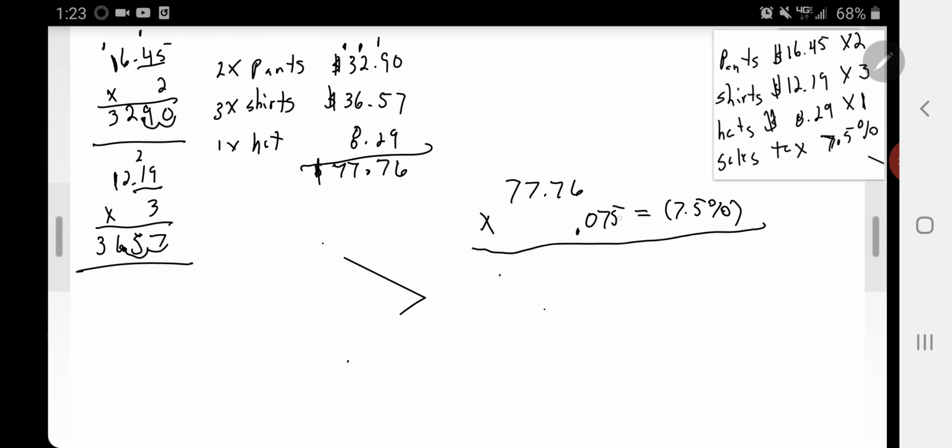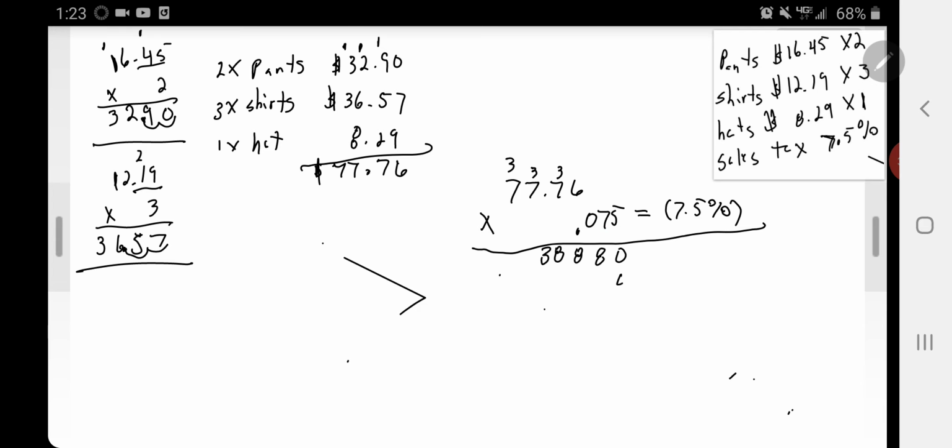All right, so 5 times 6 is 30. Carry over the 3. 5 times 7 is 35, plus 3 is 38. Carry over another 3. 5 times 7 is 35, plus 3 is 38. And once again, same thing. 5 times 7 is 35, plus 3 is 38. So 38.